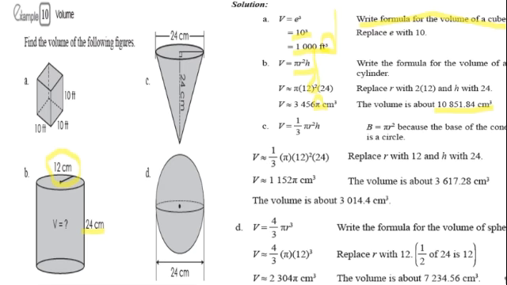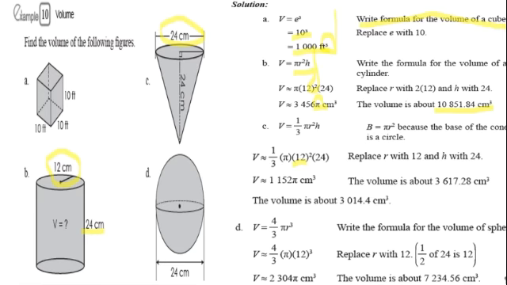Replace r with 12. Teacher, why 12 when the given is 24? Yes, the given is 24, but take note, this 24 is the diameter. So half of 24 is 12, so our radius is 12.